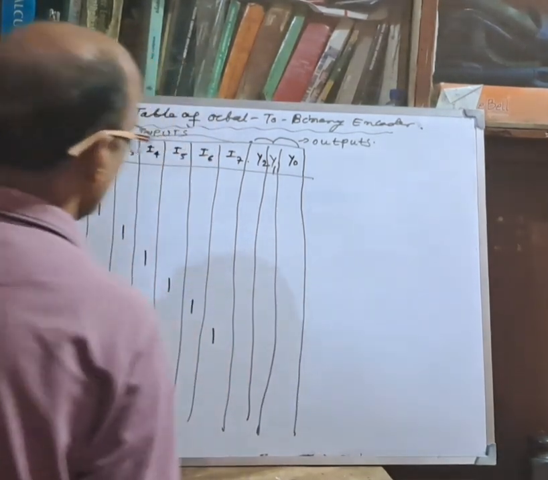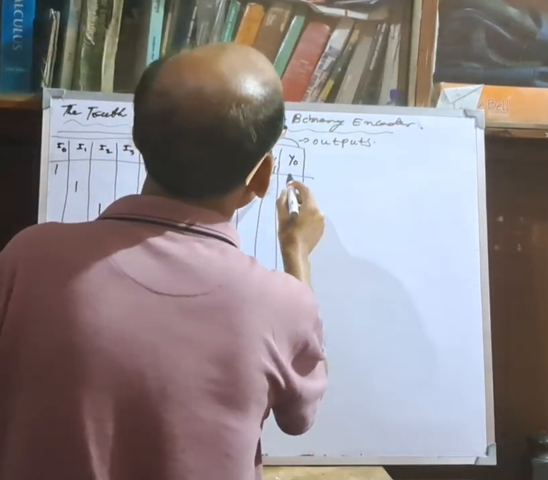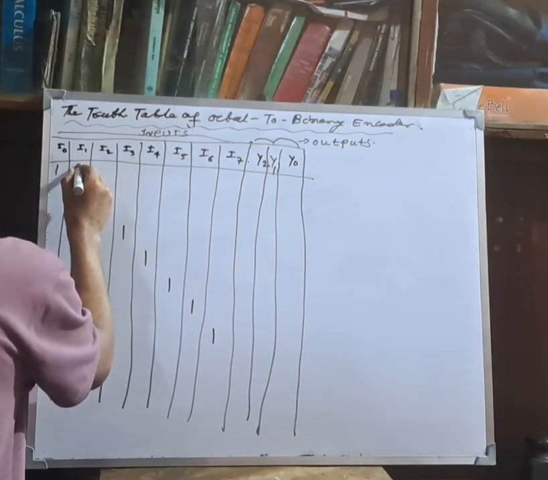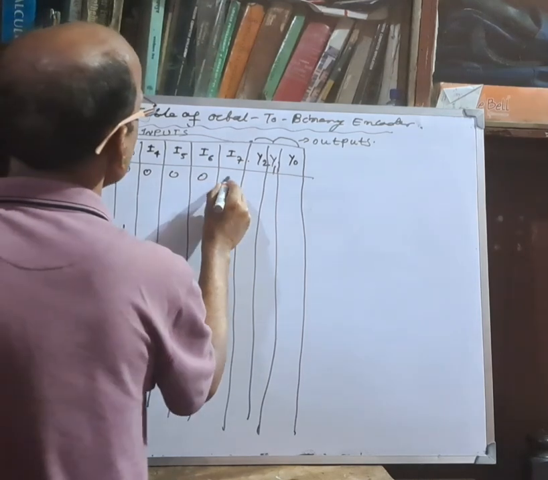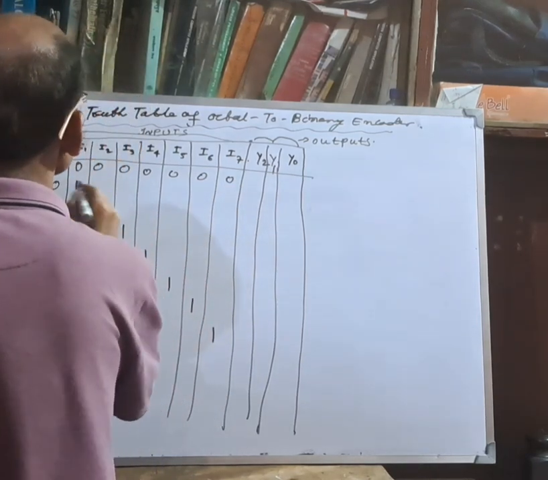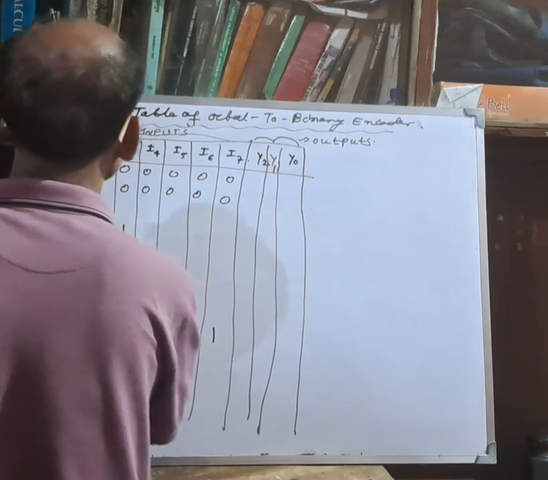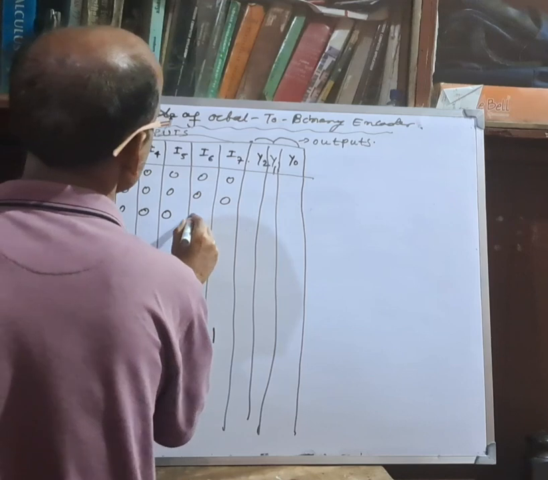Okay. And you know, this will be here, and rest all elements are here 0. You will just write 0 here. Okay. Fine.